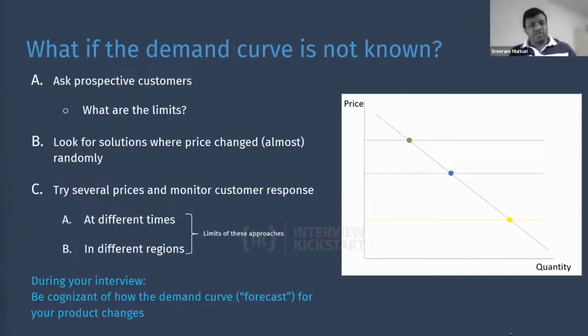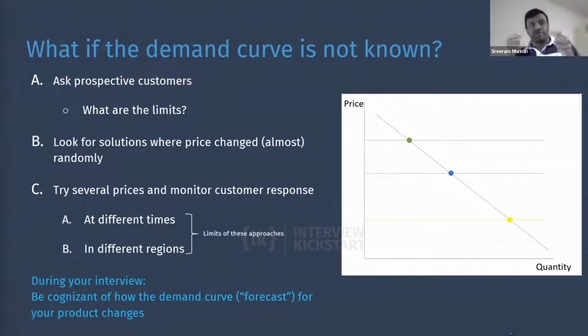I'm going to skip through some of the content there, but the main meta point is, you could be in a FANG interview where they say, tell me how you're going to estimate this, or forecast that. Don't constrain yourself once you set a price. Don't forget that price and demand are elastic, and those things change, right? So think about the demand curve at all times: what happens if I price it differently?